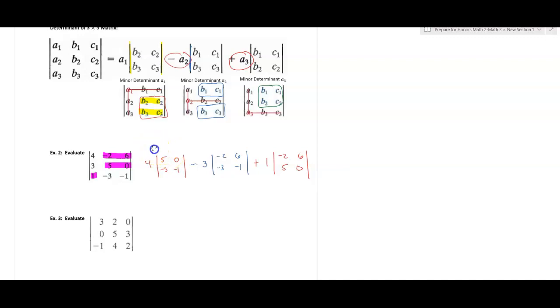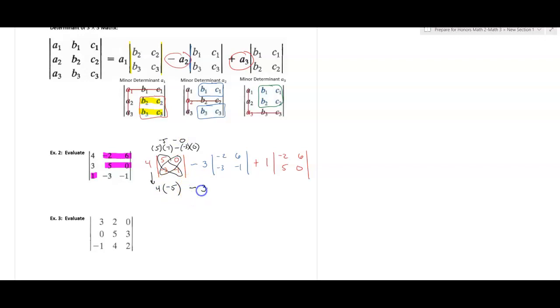So this is going to be 5 times negative 1, minus negative 3 times 0. So now this becomes 4 times negative 5 minus 0, which is negative 5.